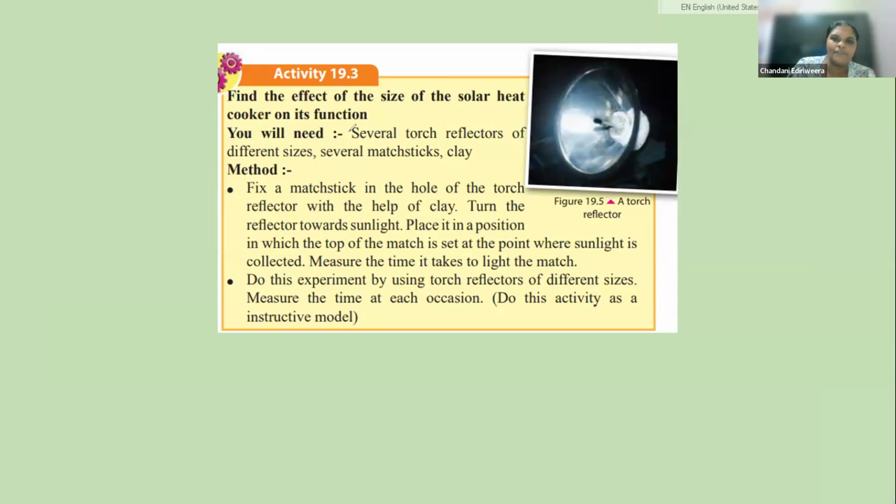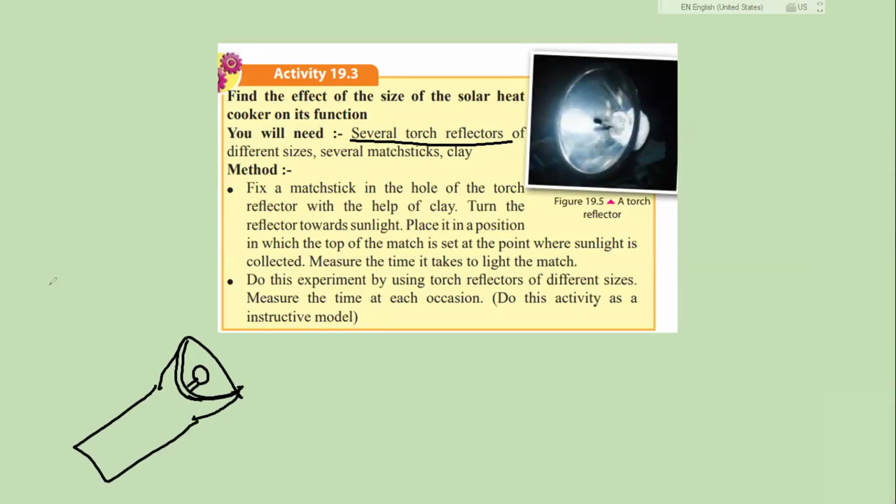Now they ask us to do a small activity. They take several torch reflectors. When you are taking a torch here, the bulb is here. You notice this way, and there is a shiny side here. And the torch is like this way, no? Yes, madam. Right? Inside the torch, surrounding the bulb, there is a shiny part.